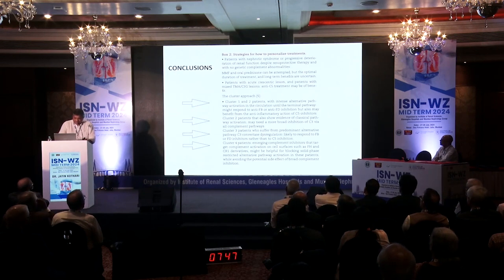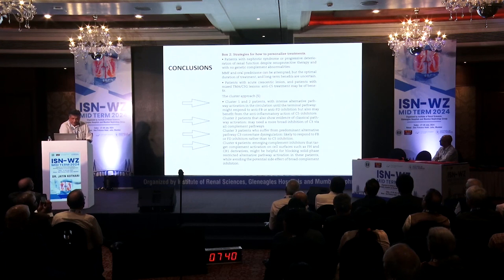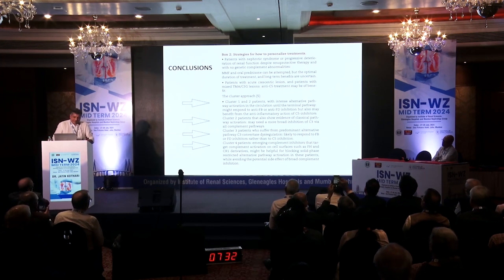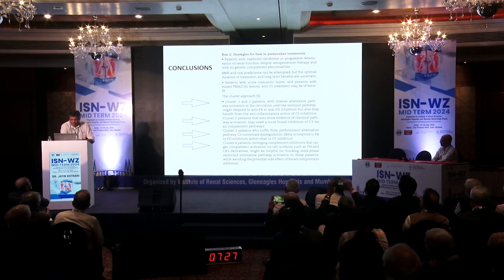This is my concluding slide, where again, the same paper from Remuzzi mentions an approach that we probably will need to take in the future. We will have to classify these patients and put them into clusters, depending on their histological features, their clinical features, and some of these genetic testings which hopefully we will be doing more and more.